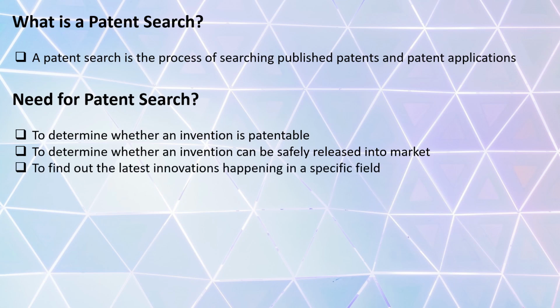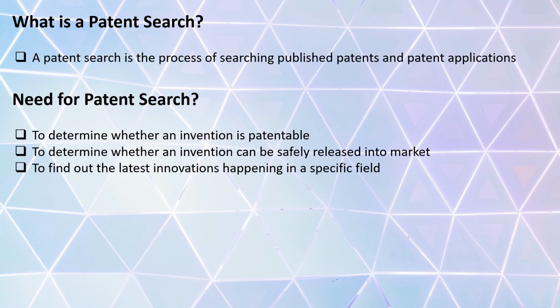And the third point is to find out the latest innovations happening in a specific field. So this is very basic. Companies and startups do this in order to find the trend related to a certain technology. Let's say today I want to check what kind of patents are being filed in the field of automobile headlights.